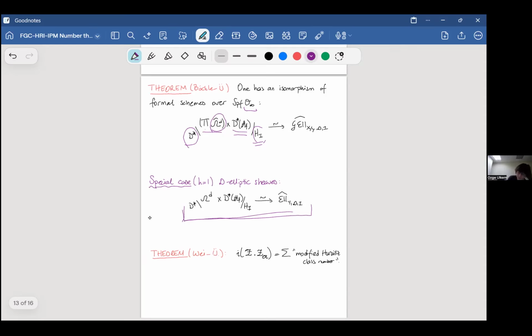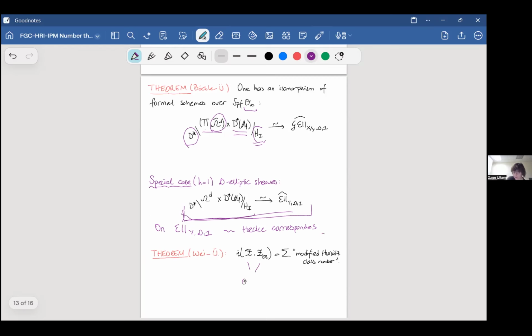So on the moduli space of D-elliptic sheaves, we have Hecke correspondences. Then this is joint work with Fu-Tsun Wei, and by using the Hecke correspondences and this uniformization theorem, we define cycles.